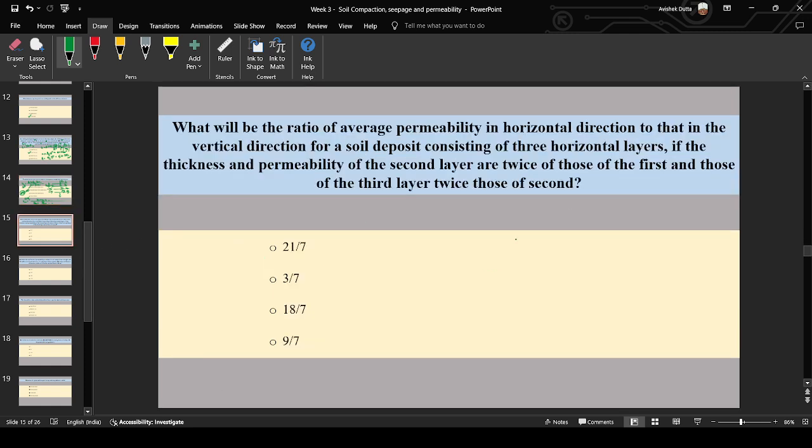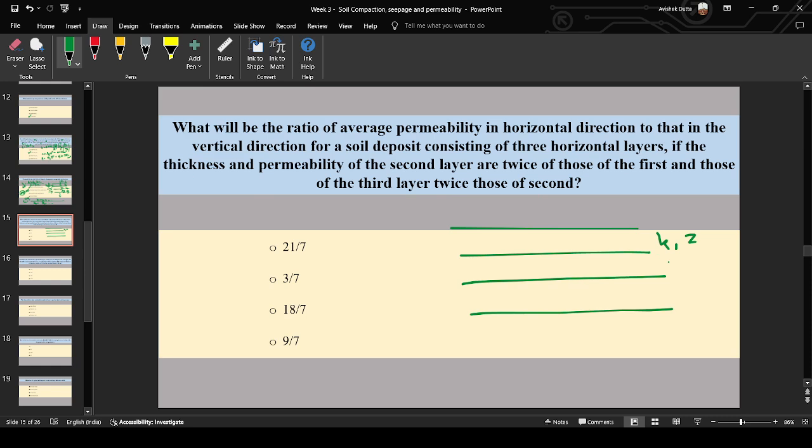Yes, based on the previous formula, here we have 3 soil layers. If you haven't solved this, please do it now. The first one is not given, so we'll assume the first one to be K, the coefficient of permeability, and Z, the thickness. Now it is said that thickness and permeability of the second layer are twice of the first.